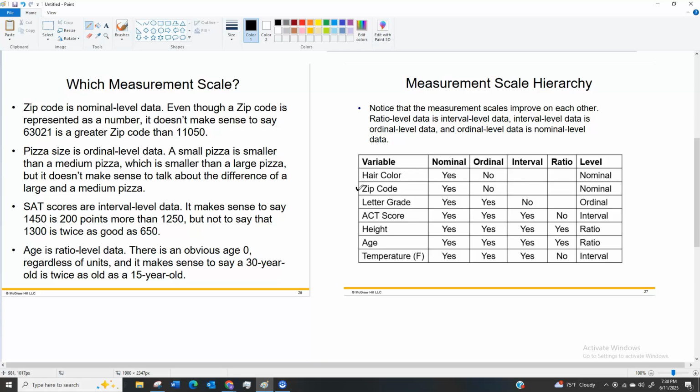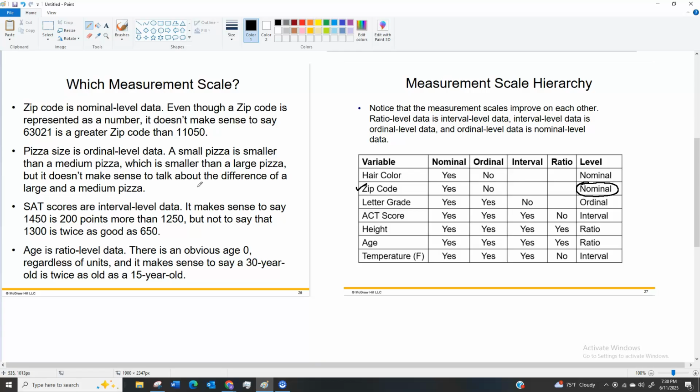And so that's over in this chart too. It reaches the nominal level, but it doesn't reach the ordinal level. So the highest level is nominal. Pizza size is ordinal. This is kind of like the drinks that I was talking about before. You could say a small pizza is smaller than a medium, is smaller than a large, but they don't have any interval sizes between them.